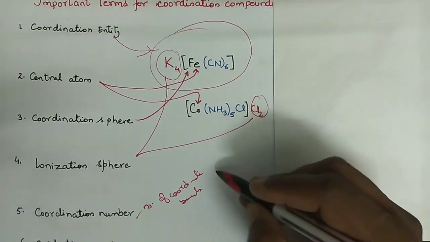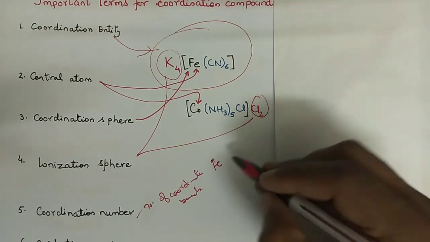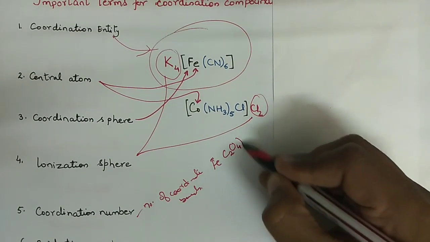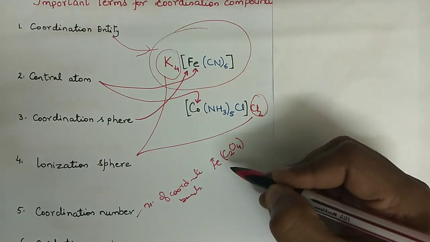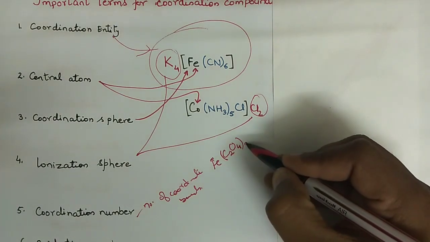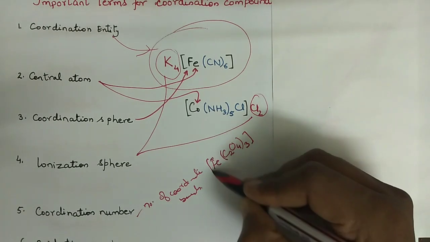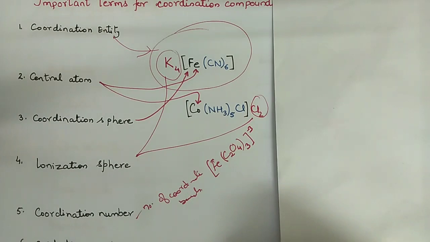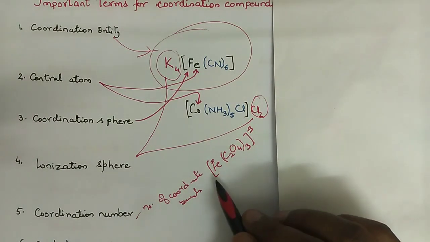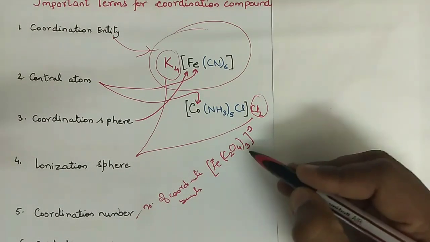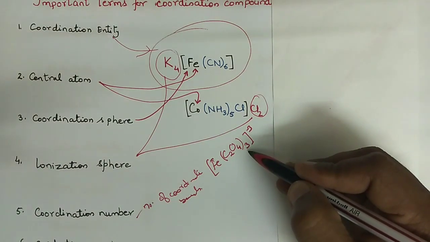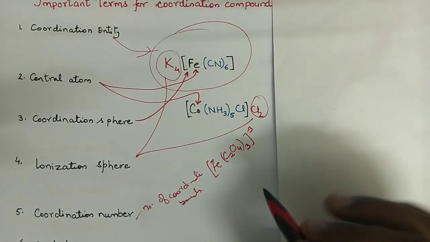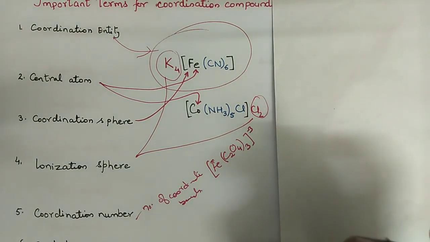Now for example, we have this compound of iron with oxalate. Oxalic acid gives the anion oxalate, and I am writing 3 here, and the charge is -3. If we ask what the coordination number is, do not say it is 3. Why am I against this? Because there is a thin difference.